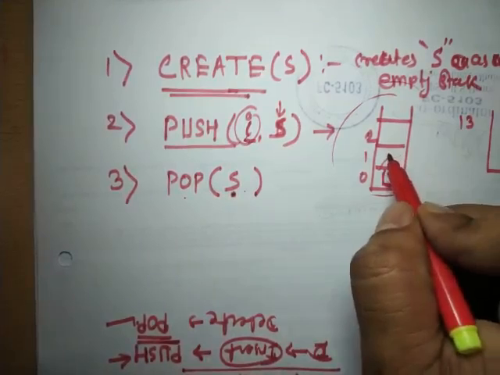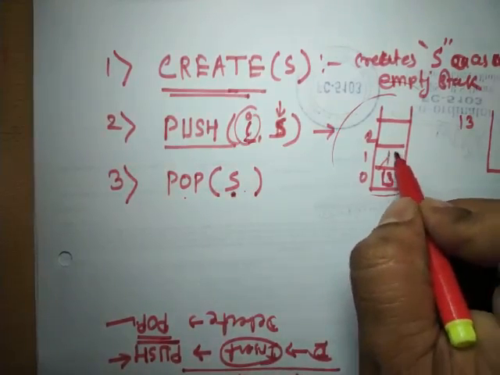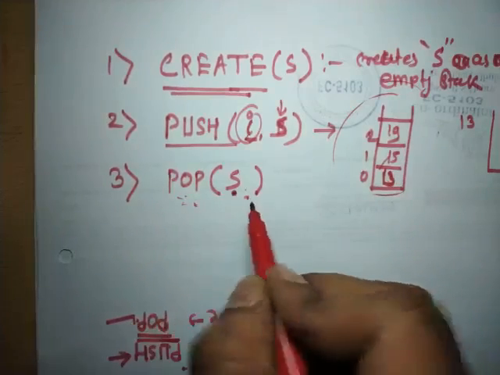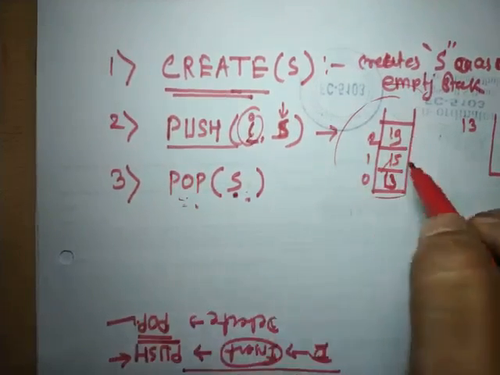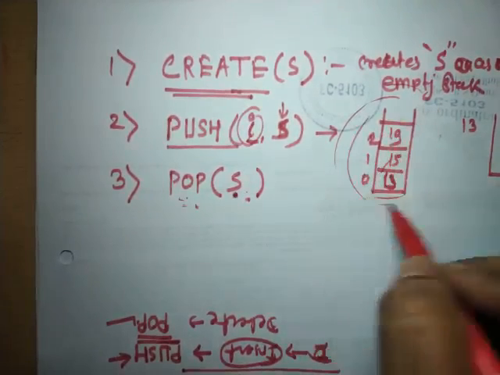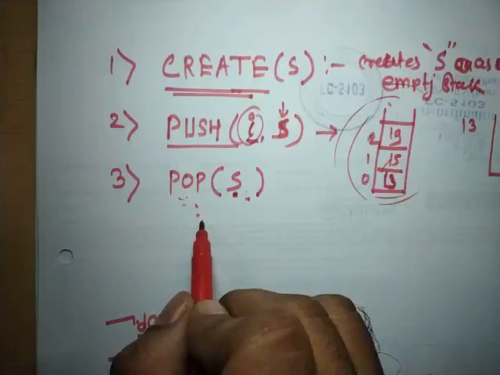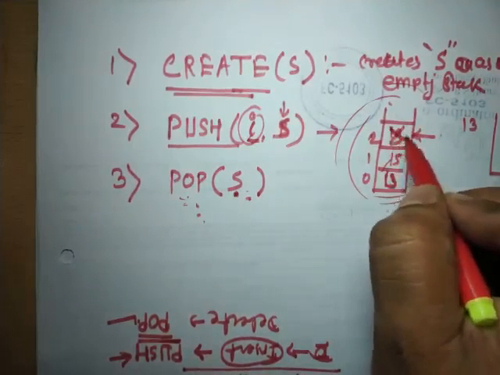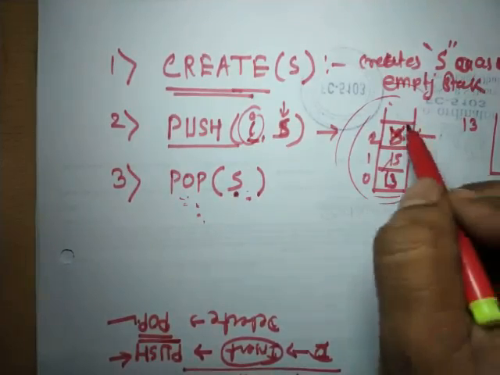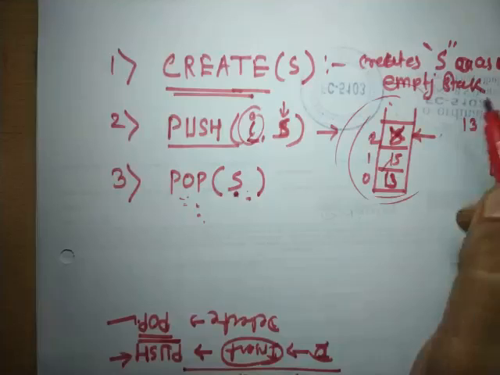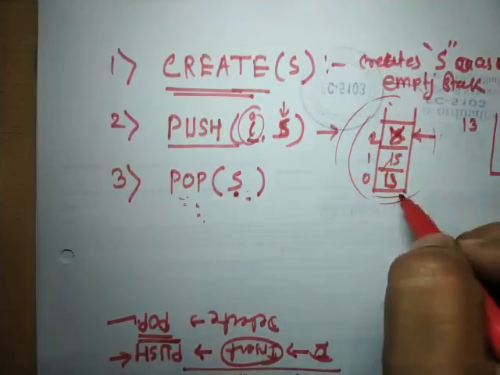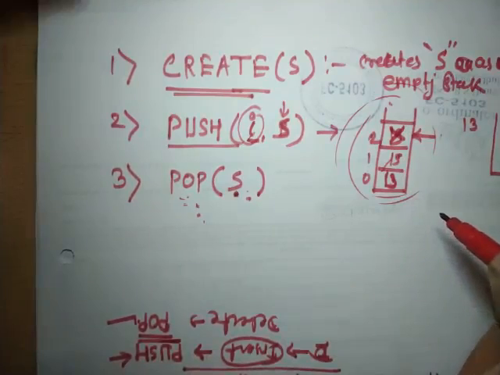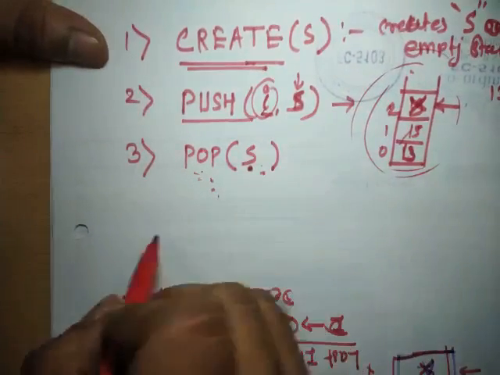Suppose this stack has three elements, 13, 15 and 19, and I call the pop operation. It will take this complete stack as an input, and first it will remove the topmost element. So 19 will be removed, and it returns a new stack which has two elements. So this is the pop operation.